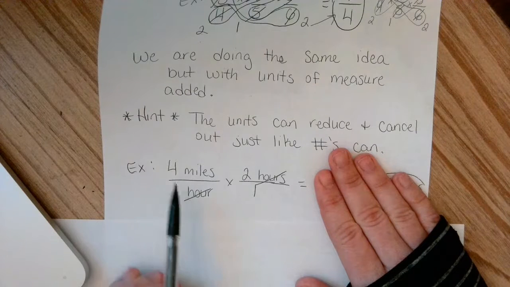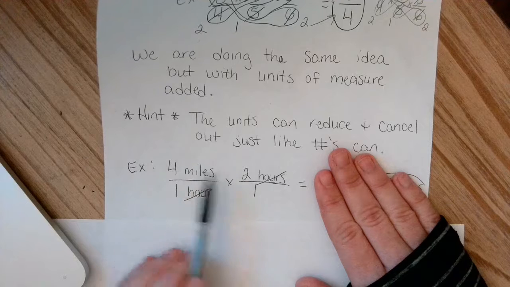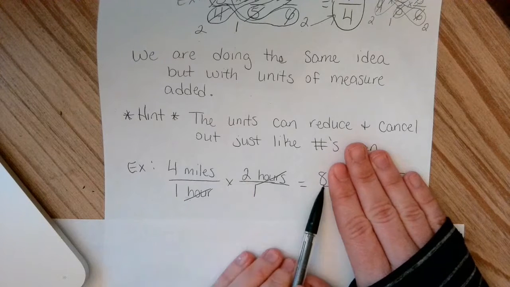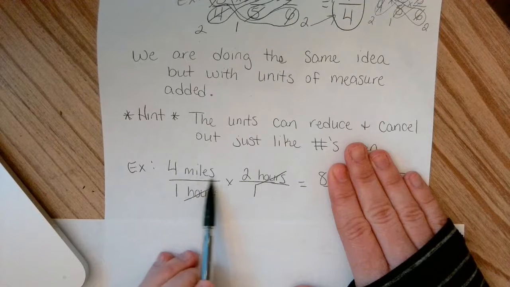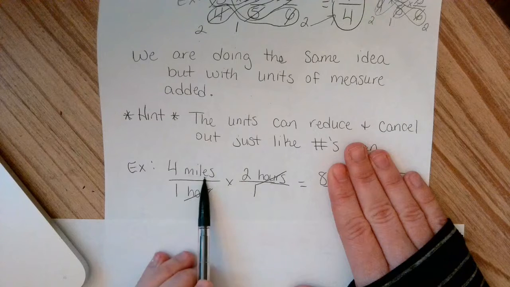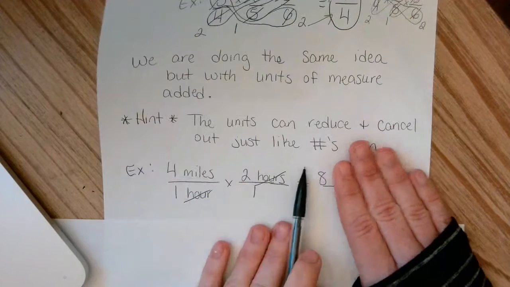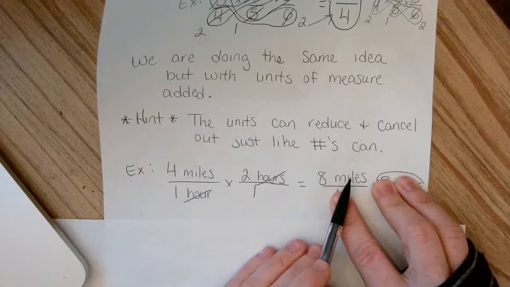So what I'm going to do is I'm going to still multiply my numbers. So 4 times 2 gives me 8. And the only label that I have left on top here is miles, because hours has been crossed out. So I'm going to write miles beside 8.